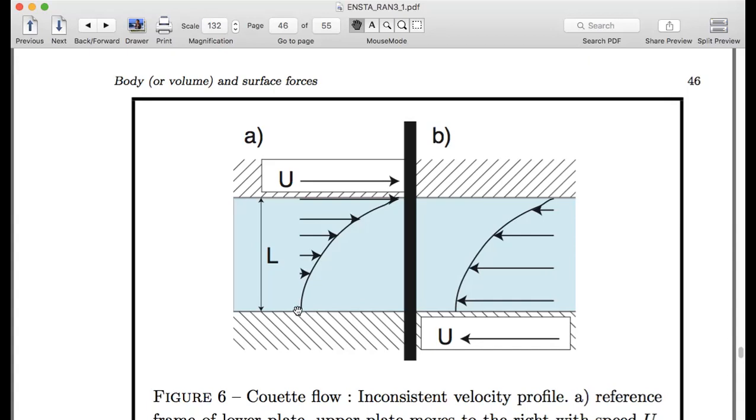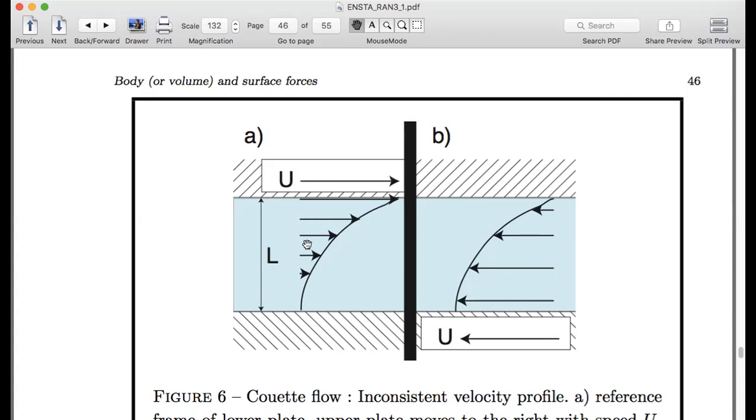So here, in figure A on the left, we're in the reference frame of the lower plate. The lower plate is stationary, and the fluid adjacent to that plate is stationary. But the fluid near the north plate should be stationary with respect to that plate, so it should be moving in our reference frame to the east at this velocity here, the same as the velocity there.